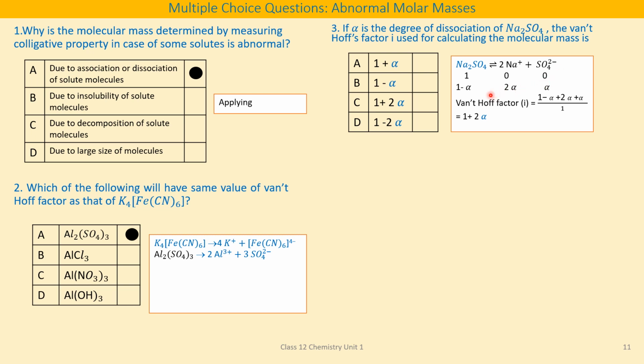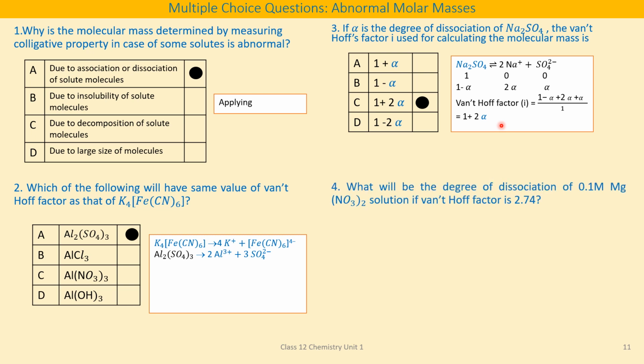Before dissociation, the number of moles is 1, and after dissociation it is 1 minus alpha, 2 alpha, and alpha. So Van 't Hoff factor will be equal to 1 minus alpha plus 2 alpha plus alpha divided by originally 1. Simplifying the numerator, it becomes 1 plus 2 alpha. The correct answer is C.